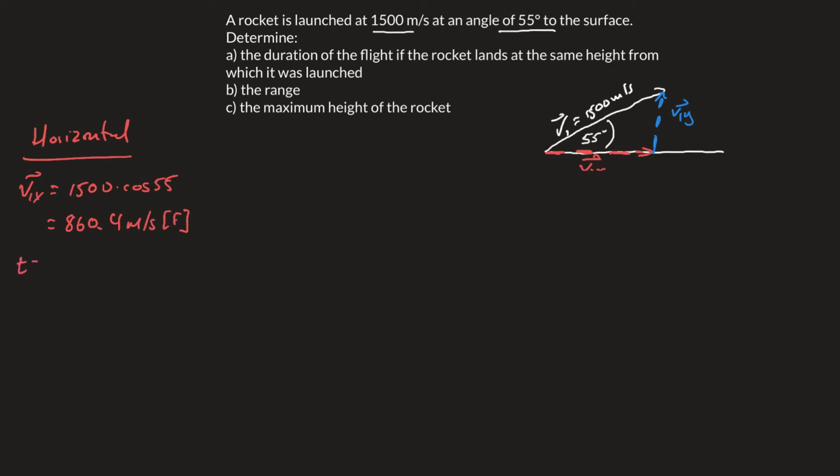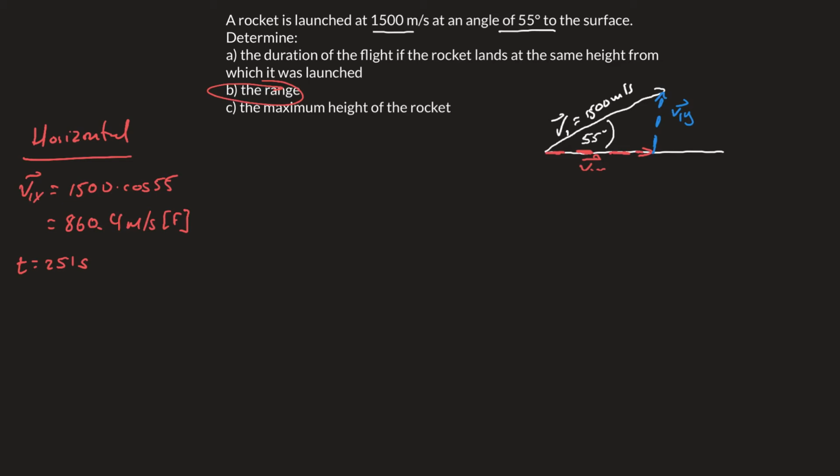And recall from the vertical calculations that time is 251 seconds. So this gives us enough information to solve for the horizontal displacement, which is also known as the range. So the range that a projectile travels is the same as the horizontal displacement.